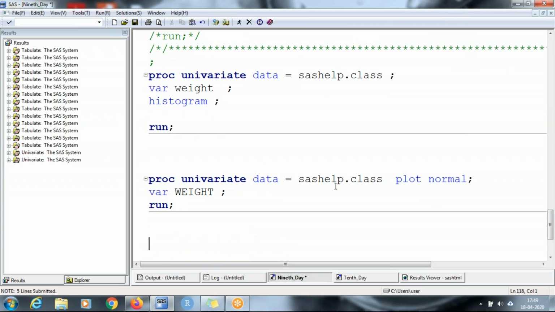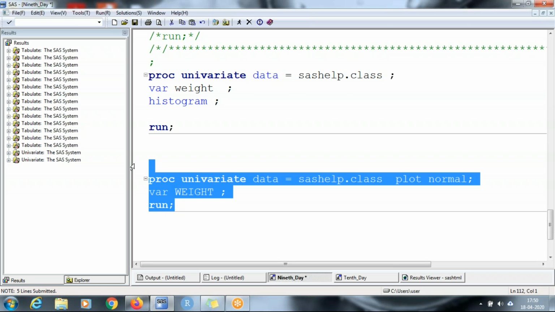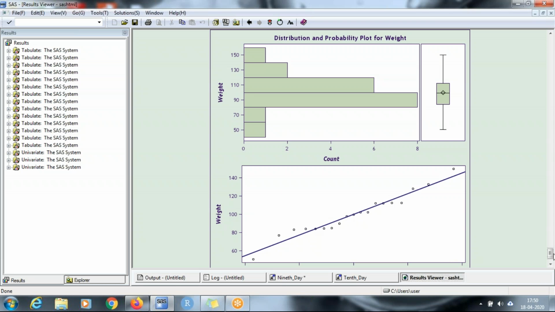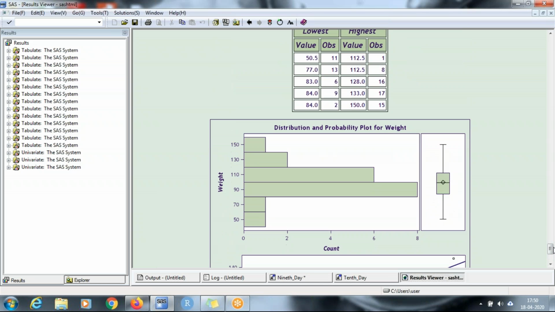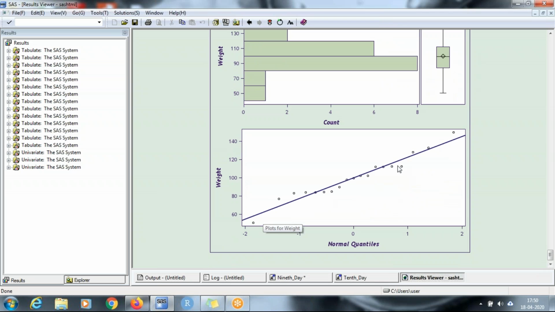Now you can use a few other options like PLOT and NORMAL. Now you will have more distribution or the data or the graph. It is giving a box plot. It is giving a QQ plot or normal quantile plot.